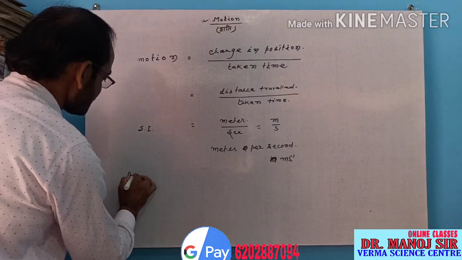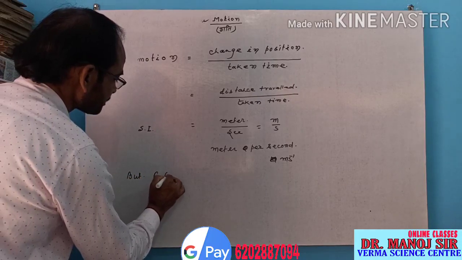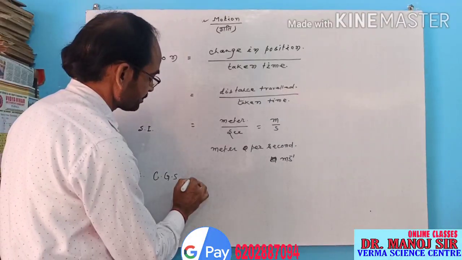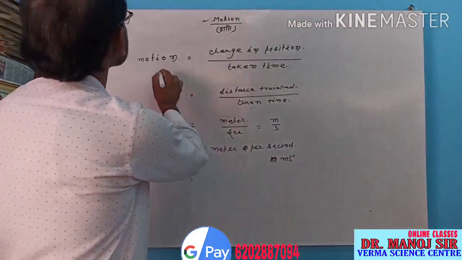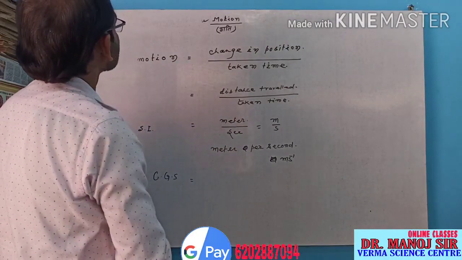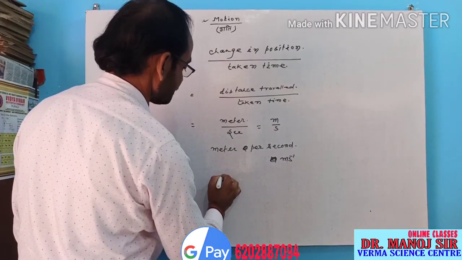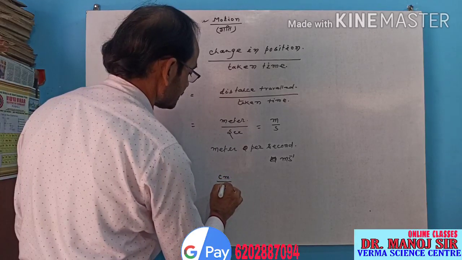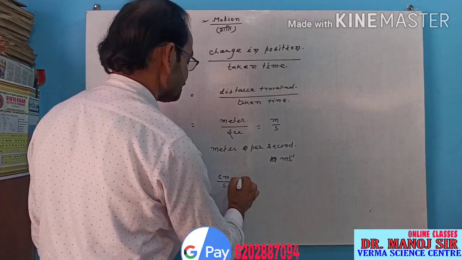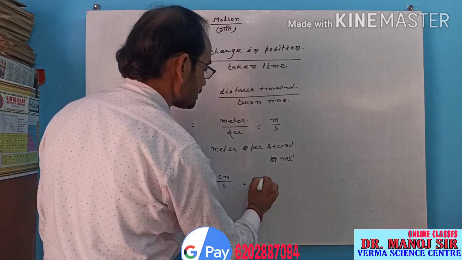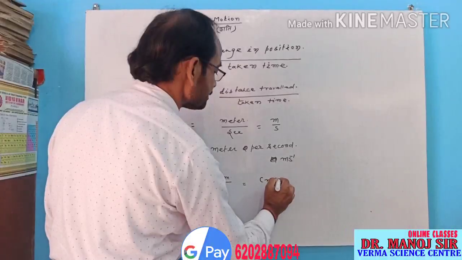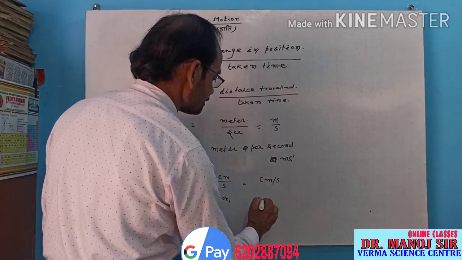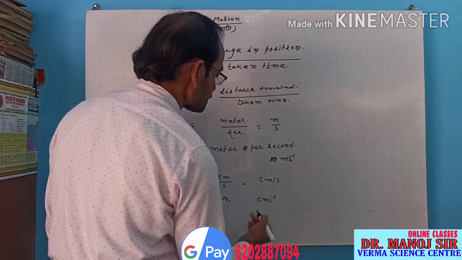But in CGS, centimeter gram second, the unit of motion is cm by s, that is cm per second or cm s minus 1.